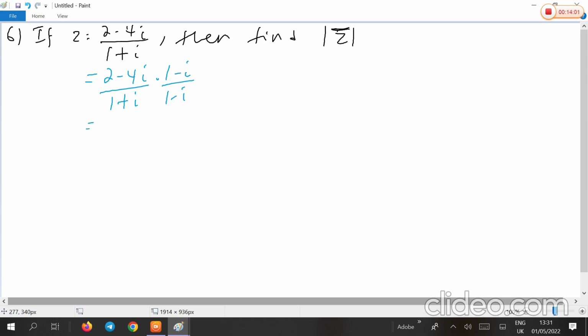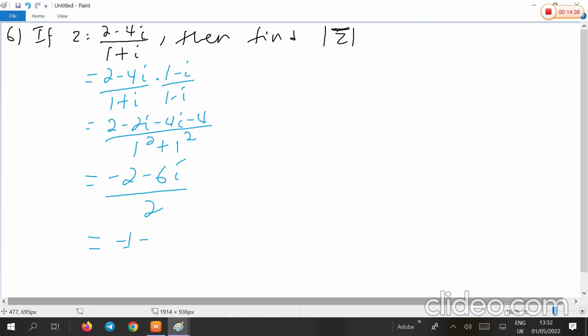Twice 1 is 2, twice minus i is minus 2i, minus 4i times 1 is minus 4i, and minus 4i times minus i is plus 4i square, which is minus 4, over 1 square plus 1 square. Collecting like terms, 2 minus 4 is minus 2, minus 2i minus 4i is minus 6i. Minus 2 over 2 is minus 1, and minus 6i over 2 is minus 3i.